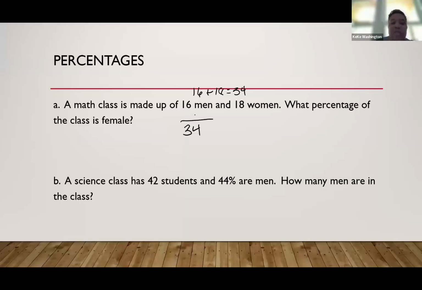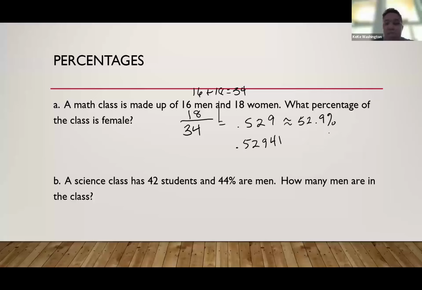If 18 of them are women, then the percent that are women, plug that in our calculator: 18 divided by 34, and we get 0.529 approximately. We convert that to a percent, rounded to 1 decimal place, and that'll be 52.9%.